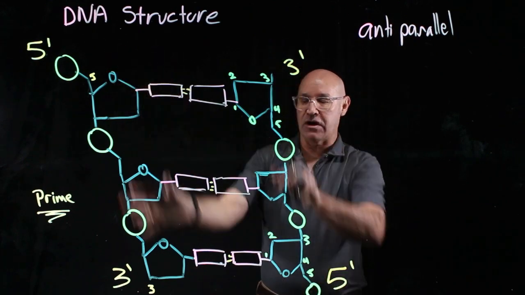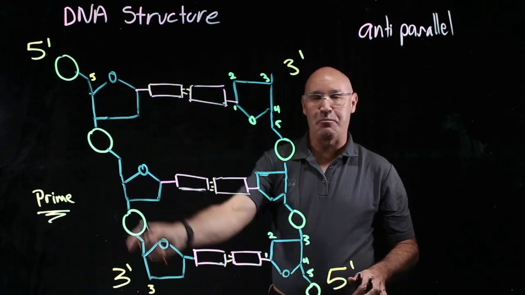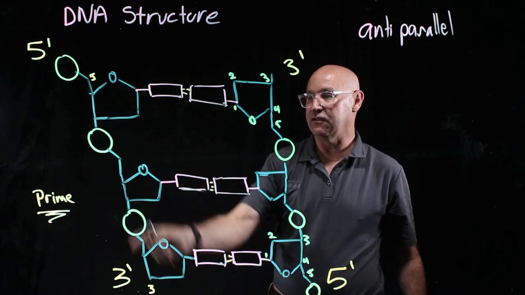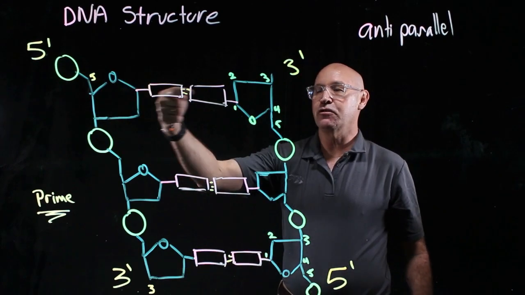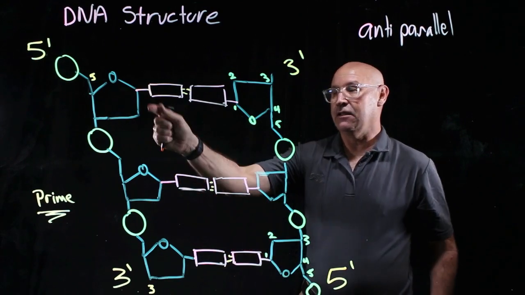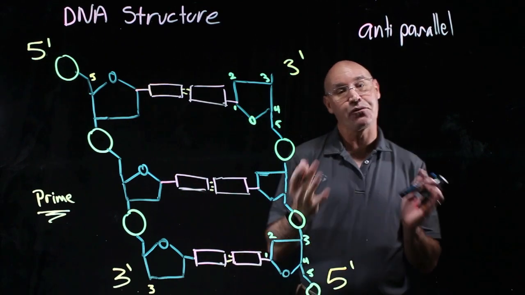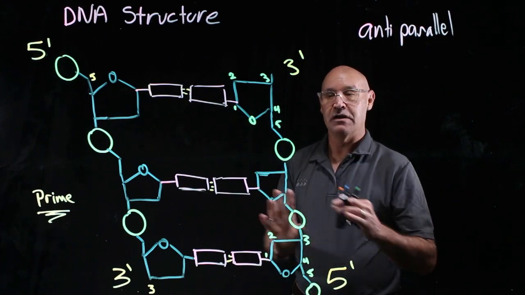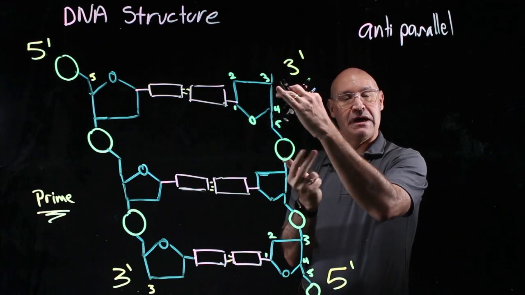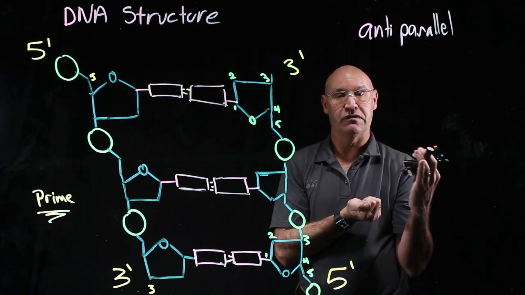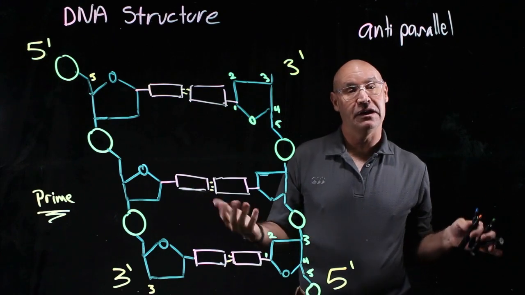We've got 2 strands and they've got these backbones, a sugar phosphate backbone that continually repeats. And in the middle for our rungs, we have our bases. And that continually repeats. I said that's the primary structure because it's also got a secondary structure, and that is it winds up as a double helix. The primary structure is a ladder, the secondary structure is a double helix. And that is our DNA structure.